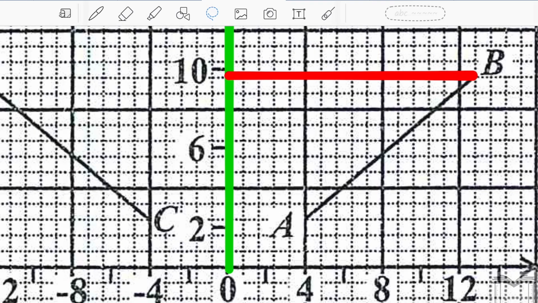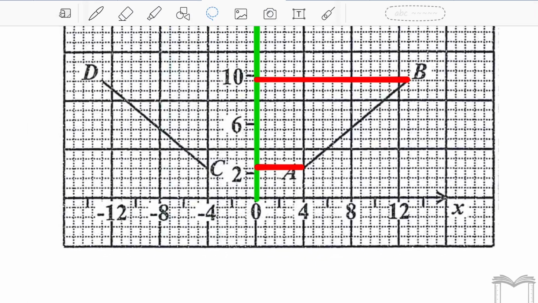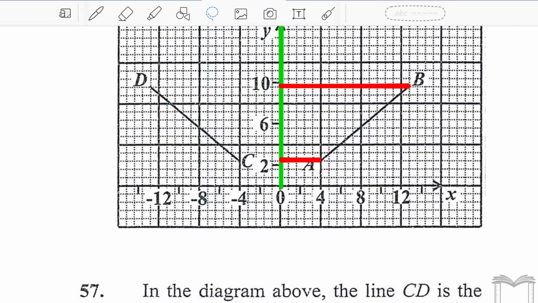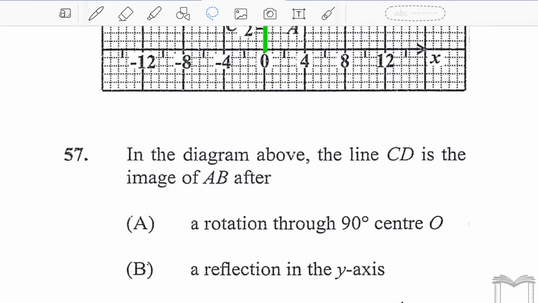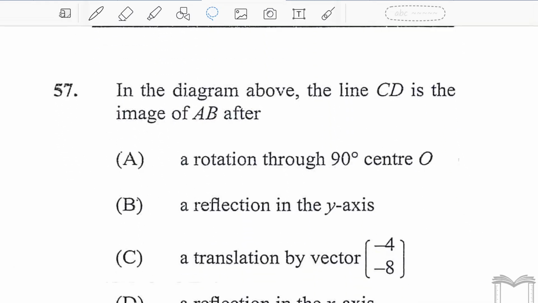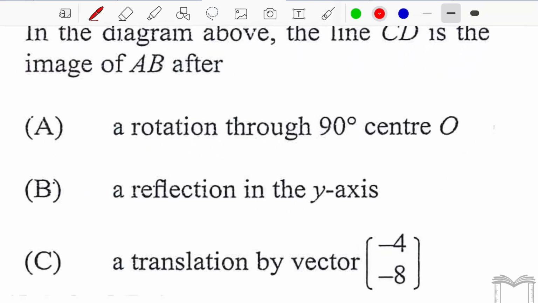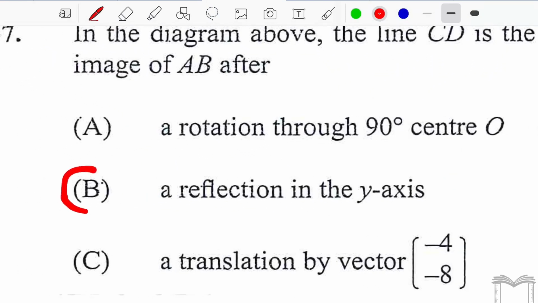Right, so let's check for the distance of C to the y-axis. It's the same for the point A. So of course you can count your units on the graph to determine it. So it is a reflection in the y-axis.